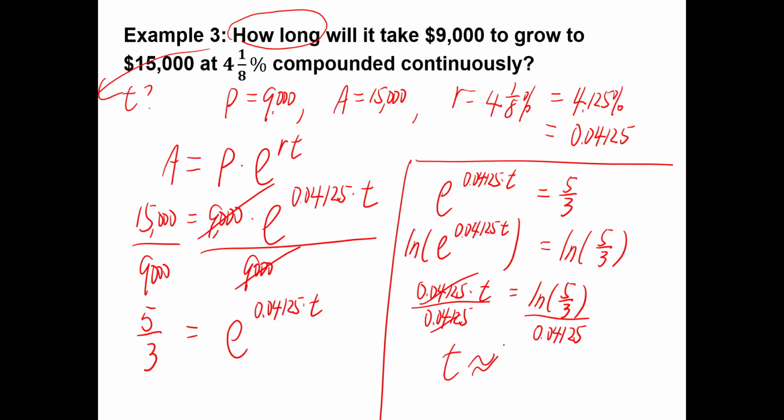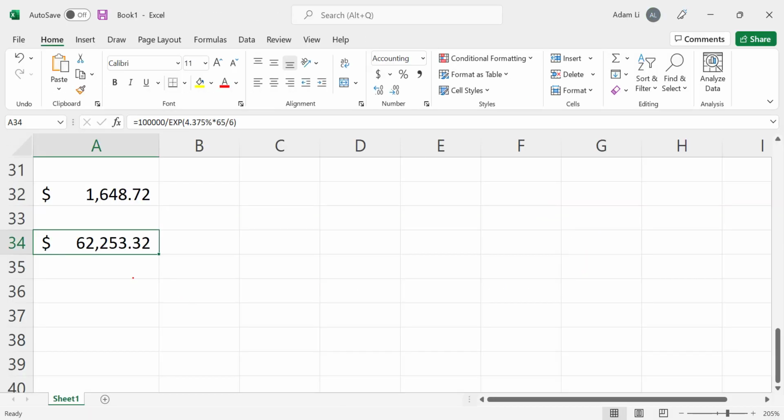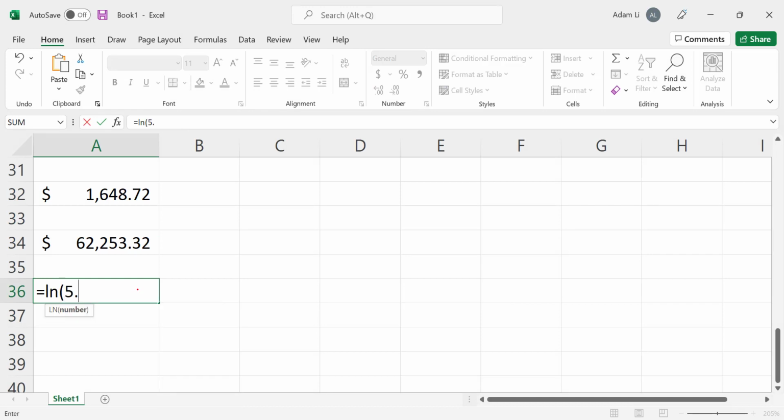Let's see what happens. Let's go to the Excel note. This is equal to ln of 5 over 3 divided by 4.125%. If you want to do percentage, no problem.